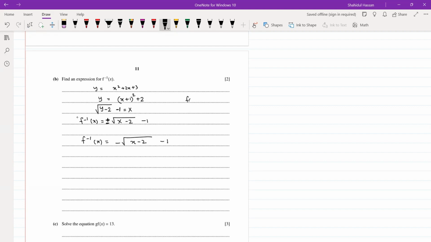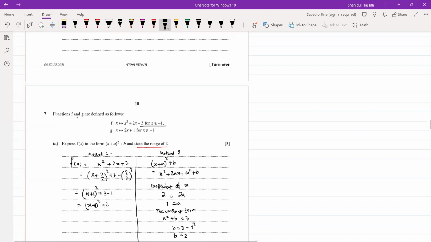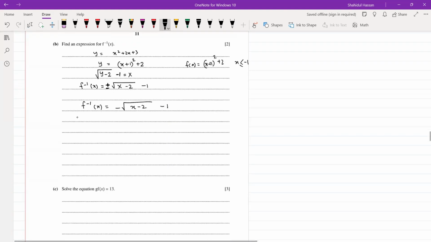The function of f of x is such that x plus 1 whole square plus 2, and we have a given domain here, x is equal or greater than minus 1. So the domain eliminates the positive part, keeps the negative part only.